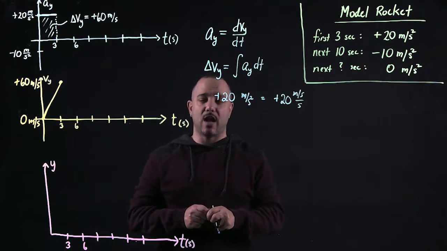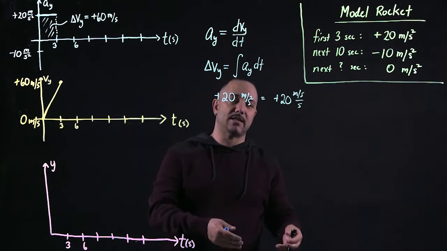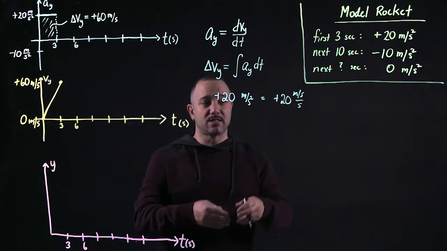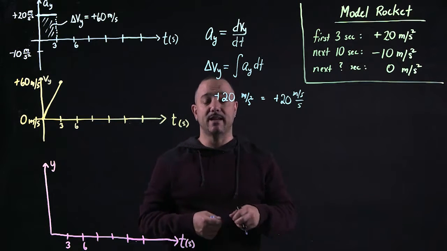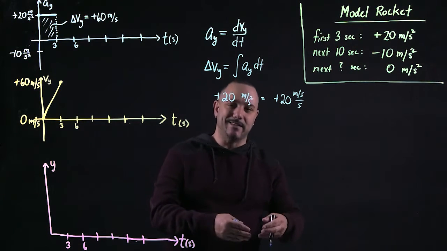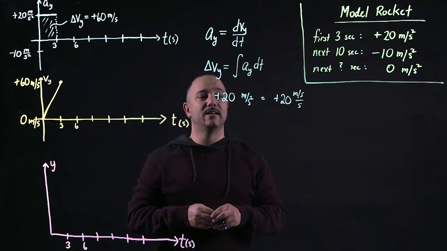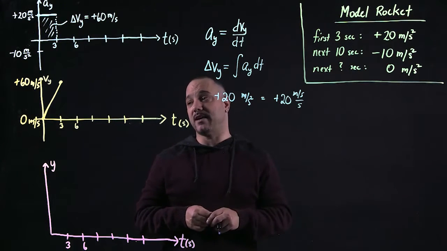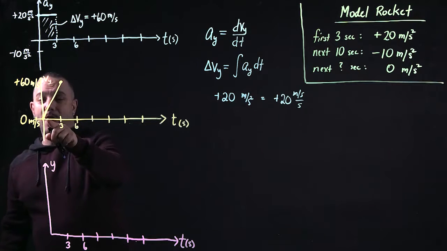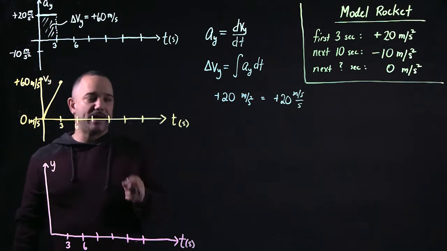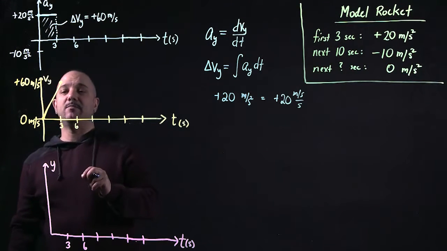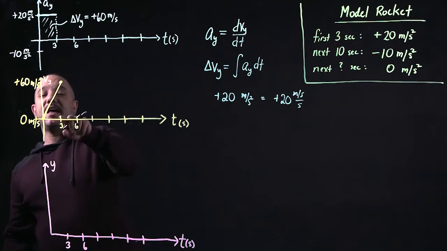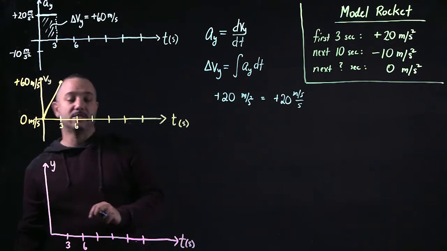All right, so the acceleration is the rate of change of velocity. If our acceleration is plus 20 meters per second per second, it means every second the velocity changes by plus 20 meters per second. So at 1 second, we'd be at 20 meters per second. At 2 seconds, we'd be at 40 meters per second. And at 3 seconds, we'd be at 60 meters per second.